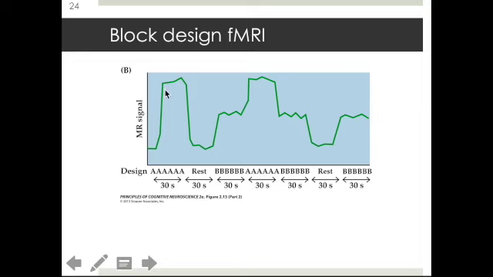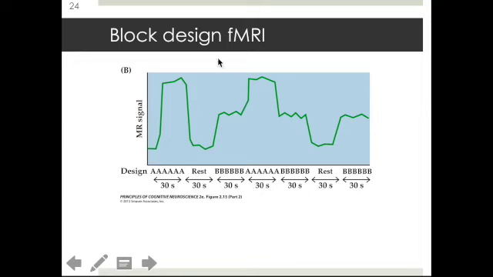You might have people look at repeated presentations of dogs. So A here is dog and B here is cat. You show dog, dog, dog, dog, dog for 30 seconds, then you have people wait for another 30 seconds, and then you show them cat, cat, cat, cat, cat for another 30 seconds, and so on. So you can have these alternating blocks of stimulus presentations.